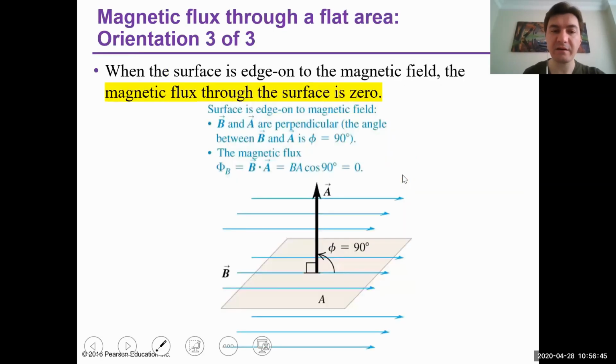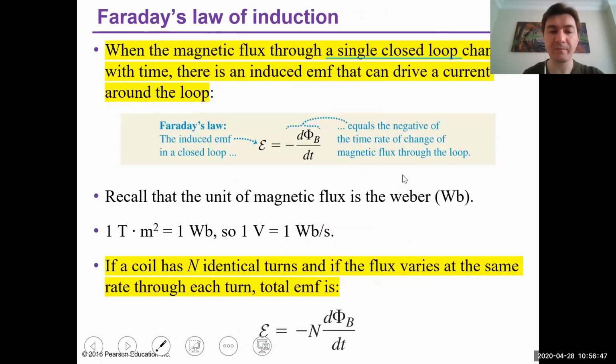Then the total EMF in the coil is given by that expression. We just multiply by N. And N is the number of the identical turns within the coil, if the flux varies at the same time rate through each turn. Do you have any question up to that part?